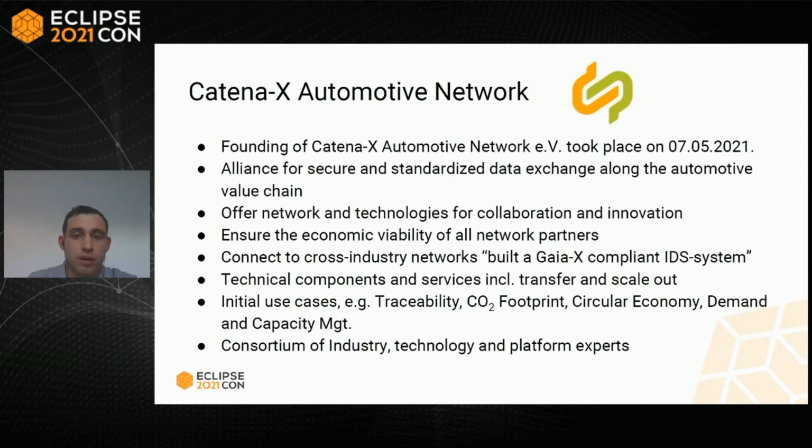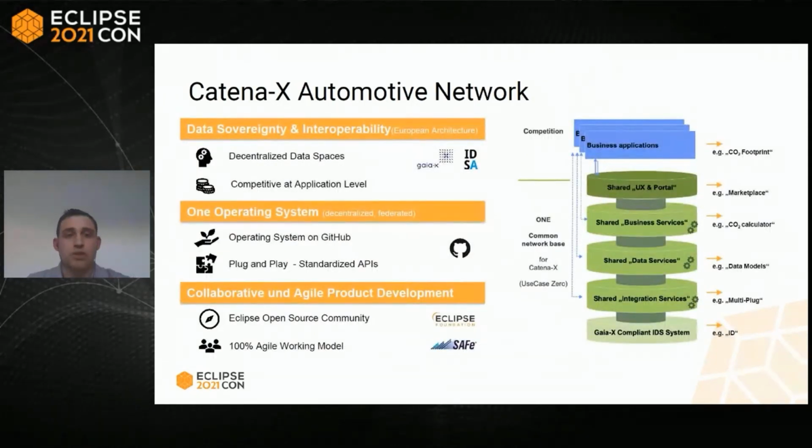So for example, some are mentioned here. So different layers also in Catena-X Automotive Network. You see the Gaia-X compliant IDS system as the basis. And then on top, different business services that then can make use of this data and have services like the CO2 calculator.